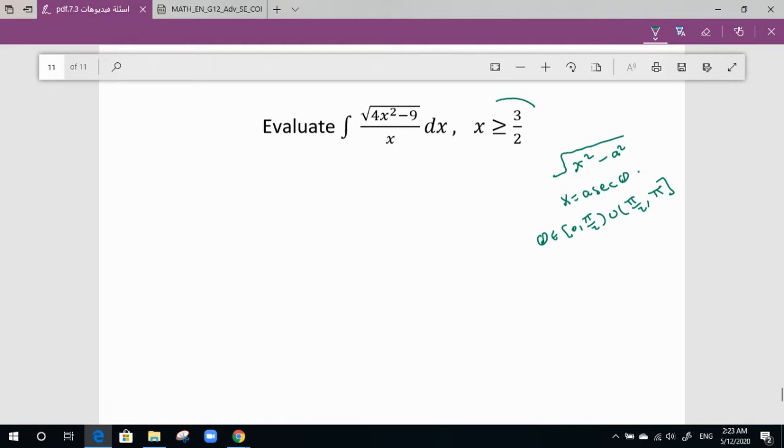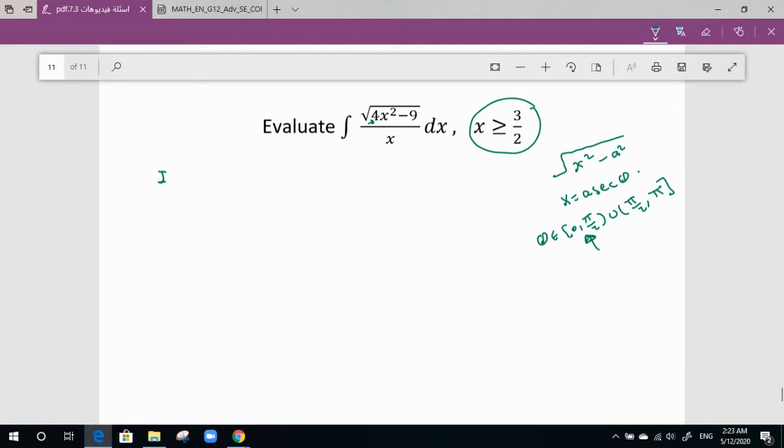Because we have x greater than or equal to 3 over 2, we'll take the first half of the domain for theta. So I will take this one. But before that, I must take this 4 as a common factor.